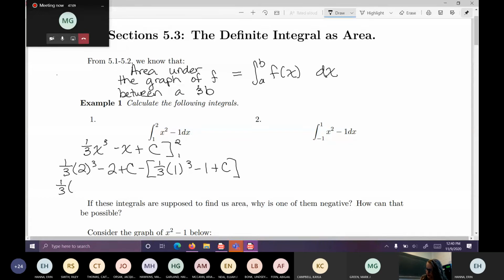We'll get 1/3 times 8 minus 2 minus 1/3 plus 1.